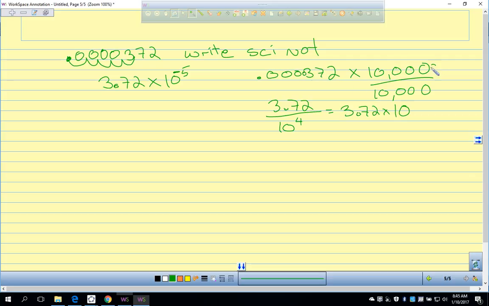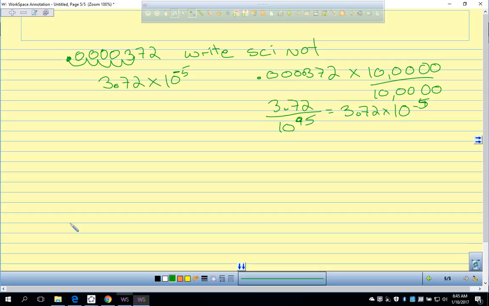Another 0, another 0, another 0, times 10 to the negative 4th. That should be a 10 to the 5th, because there are 5 zeros. So that's basically what you're doing. You're multiplying this by this over this, and you call this 1, but you don't have to worry about that. All you have to do is know how to do it, okay?